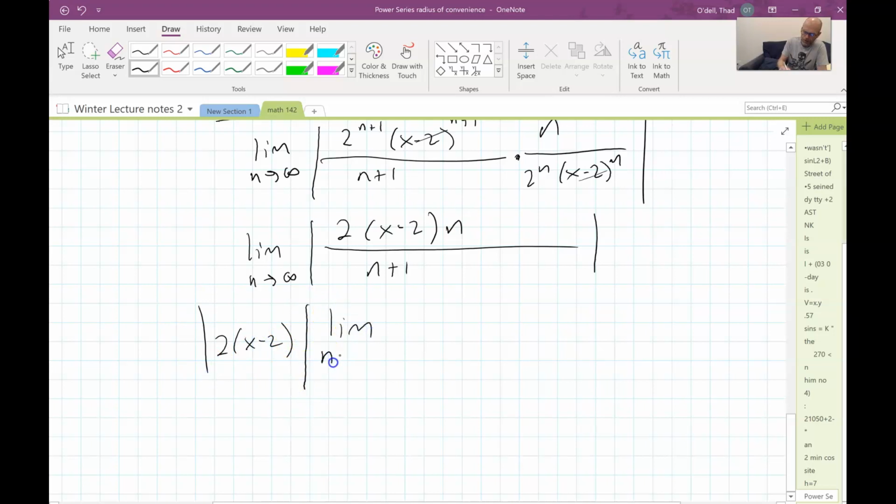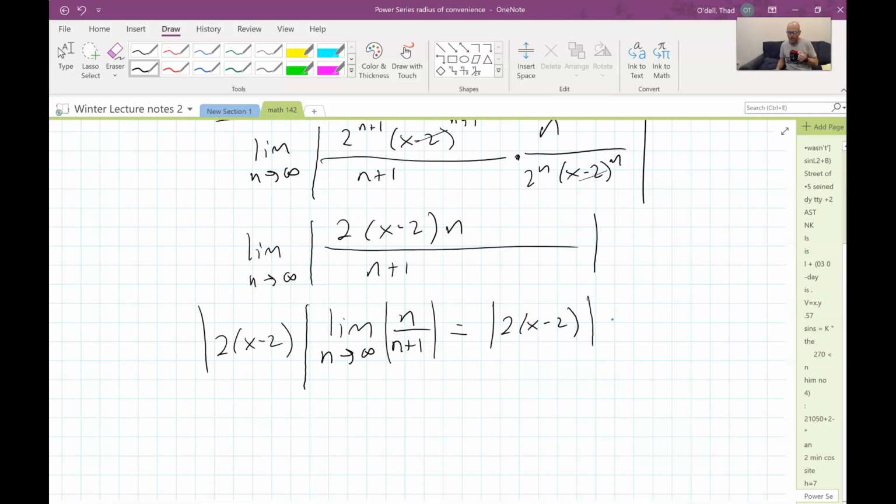Again, it doesn't really matter because it'll show up as your answer to your limit, or it'll just be part of the stuff you pulled out. So this is, of course, going to be the absolute value of 2 times x minus 2 times the limit of this as n approaches infinity, which is just 1. So that'd be times 1, so I'll just leave it. And so that's my limit of the ratio test. And remember, what I want from that is for it to be less than 1. So I'm going to put a little less than 1 right there.